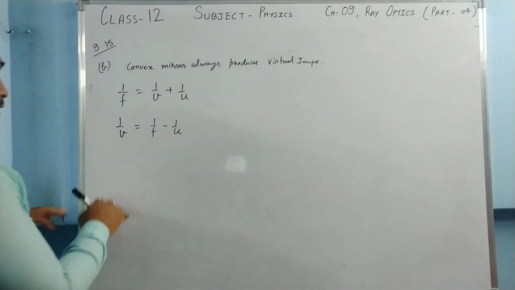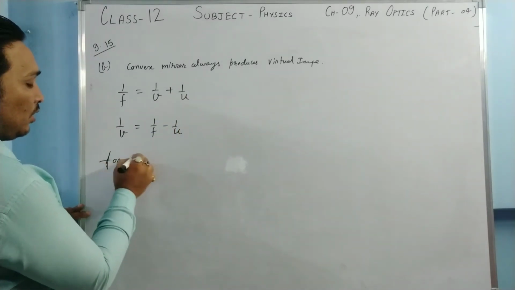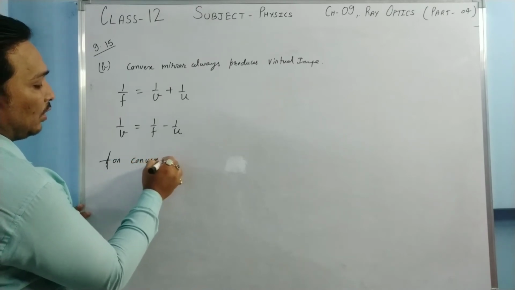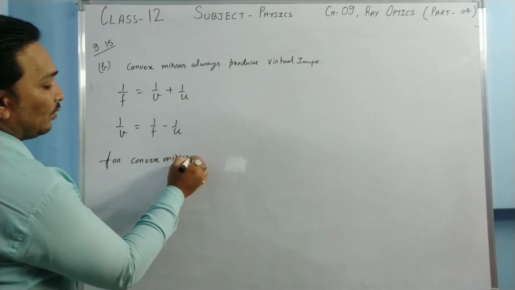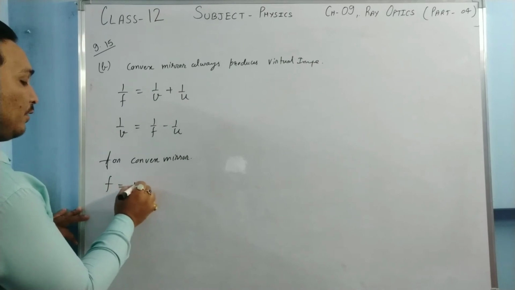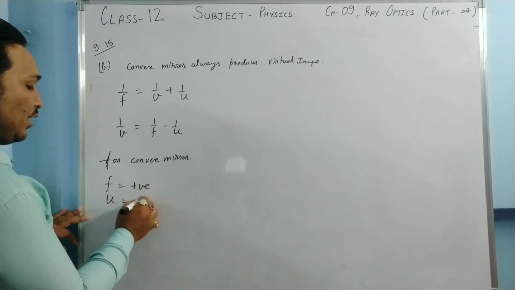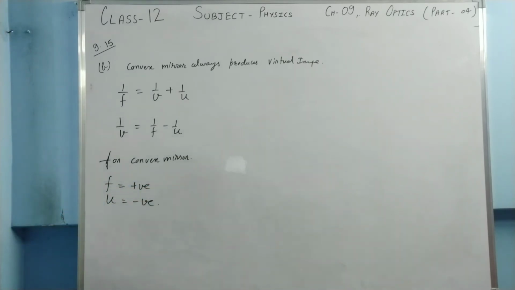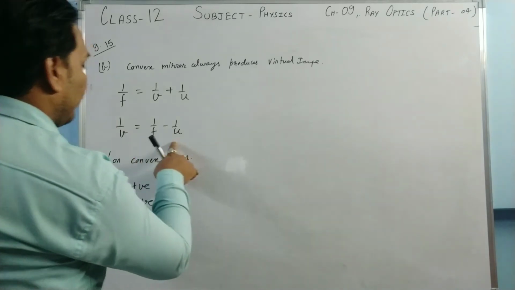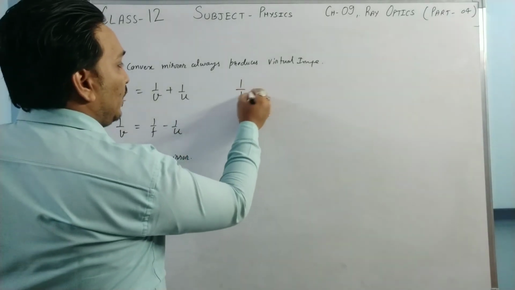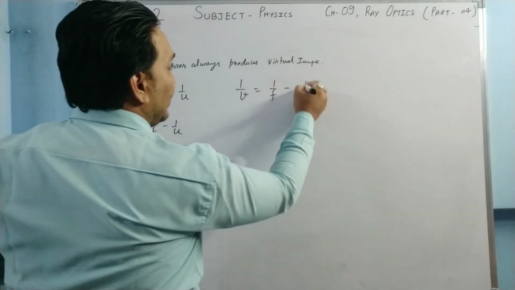Now for a convex mirror, how are the variables? f is positive and u is negative. Okay, very good. Now just see, in a convex mirror, if f is positive and u is negative, 1 upon v is equal to 1 upon f minus 1 upon u.